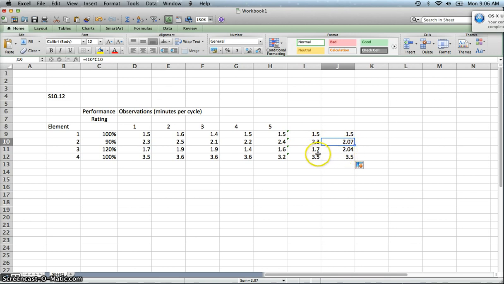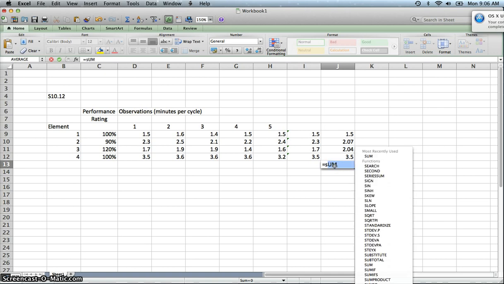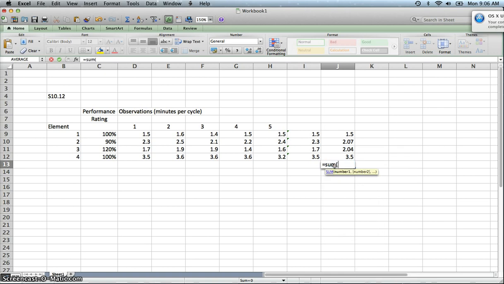Now in this case here, you'll see that this person's above average, so we wouldn't expect a person to be able to do that in 1.7 minutes. And so the average person, because this person is above average, we would expect the average person to take 2.04 minutes. And of course this stays the same because this is an average rating. If we add these all together, we have what we call normal time.